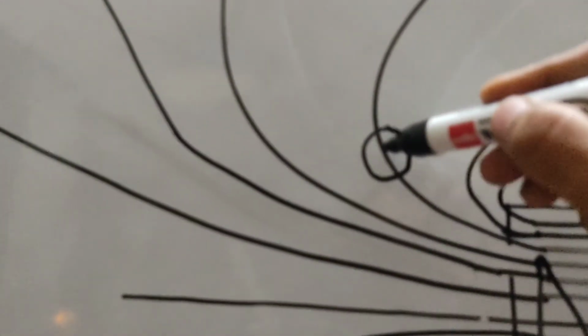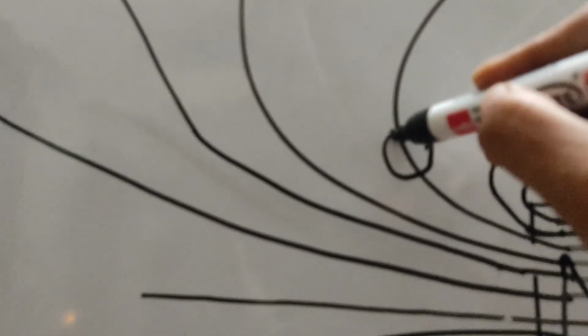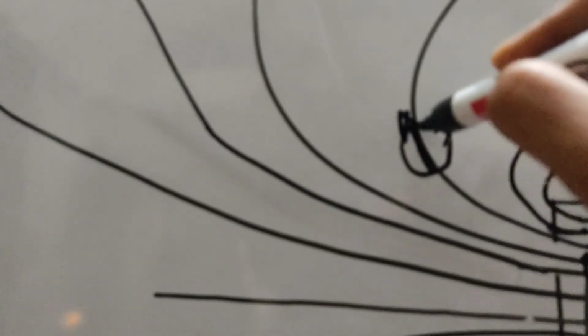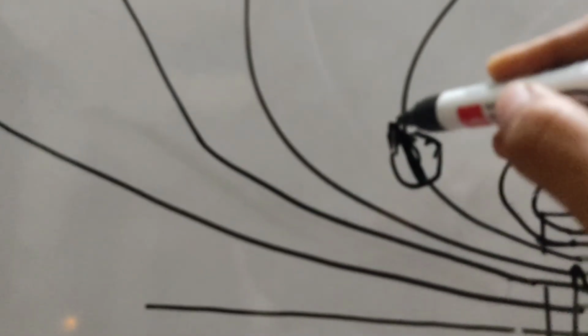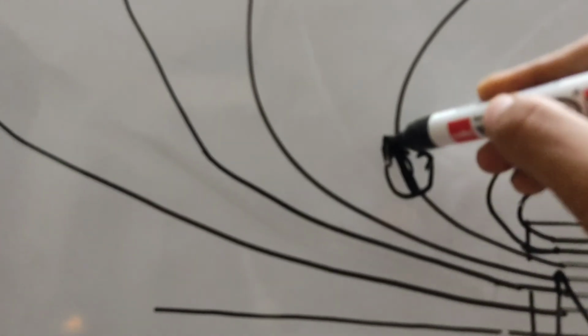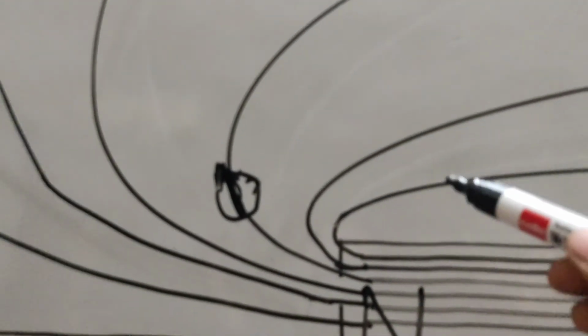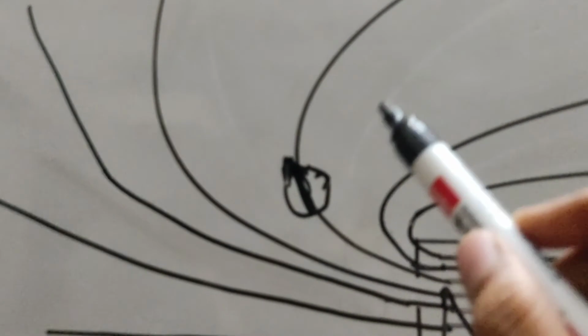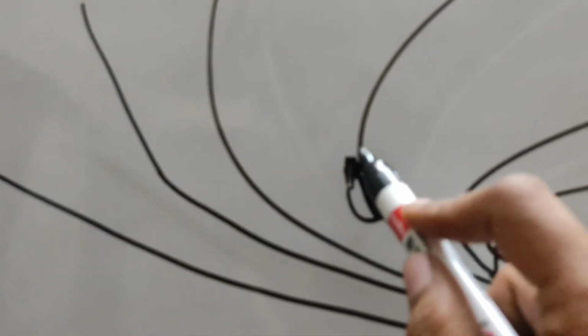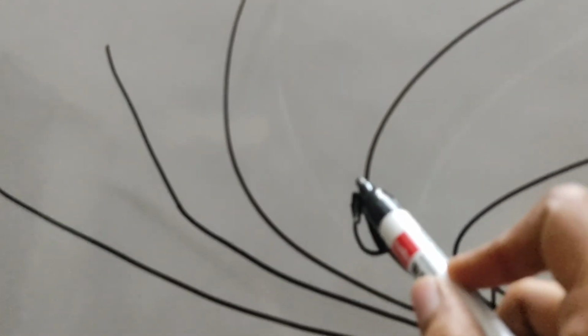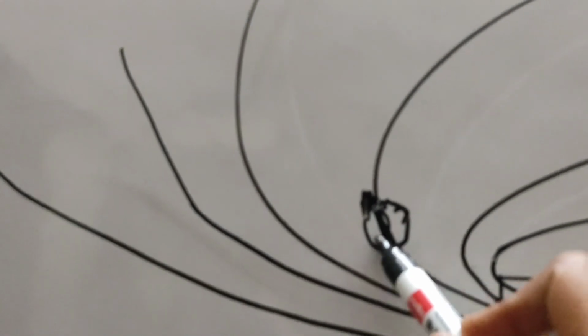Now this is not a straight line. You know what a tangent is. So this is the direction in which the magnetic compass needle would point. It means magnetic field lines give us the direction in which the magnetic compass needle's north pole would point if the compass is placed there.